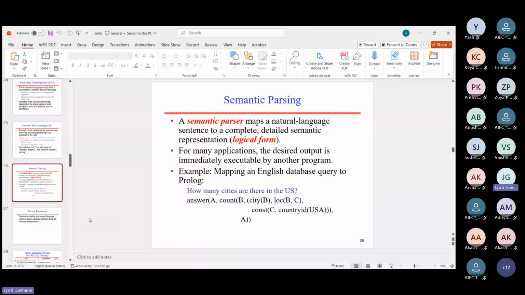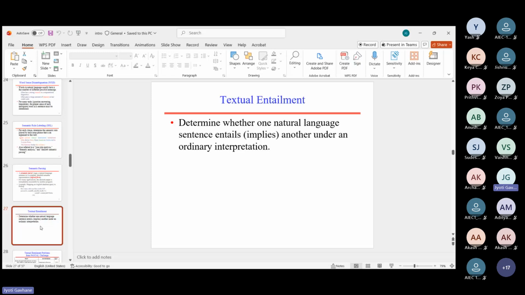Now the next is textual entailment. First was my WSD, second is SRL, third is semantic parsing, fourth will be textual entailment. Now, determine whether a natural language sentence implies another under an ordinary interpretation.